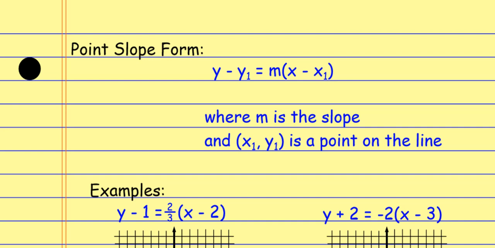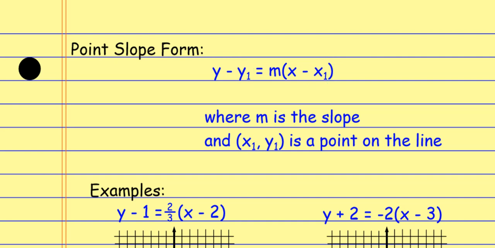And so point-slope form is when we have y minus the y value equals m times x minus the x value. And that subtraction represents the x and the y value for the ordered pair that we're going to start at. So we're going to start at a specific ordered pair, and that's identified in the equation based on what's being subtracted.